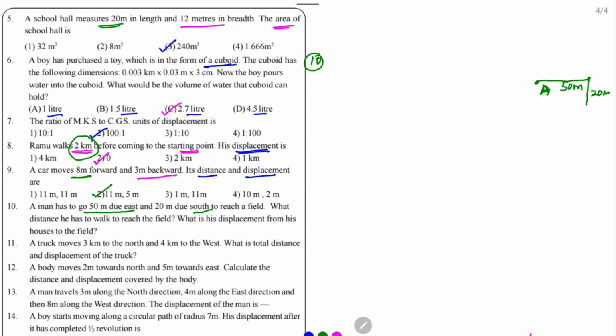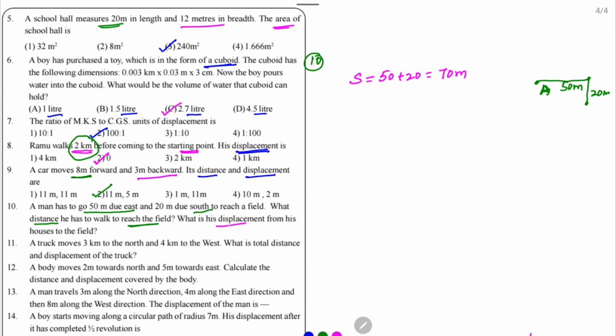Okay, fine, and reached the field. So what distance he has to walk to reach the field? So distance is nothing but what I said, add all the things, simply 50 plus 20, which is equal to 70 meter is the distance.